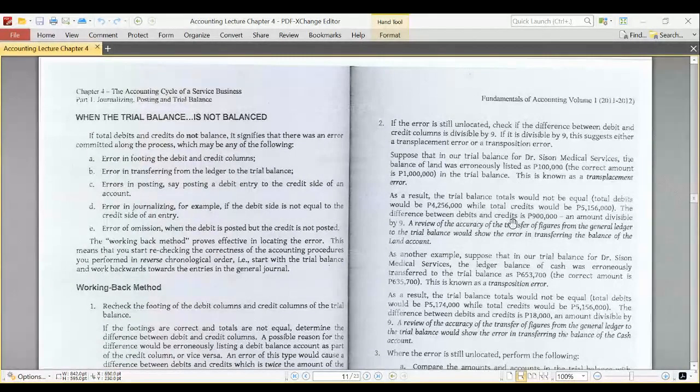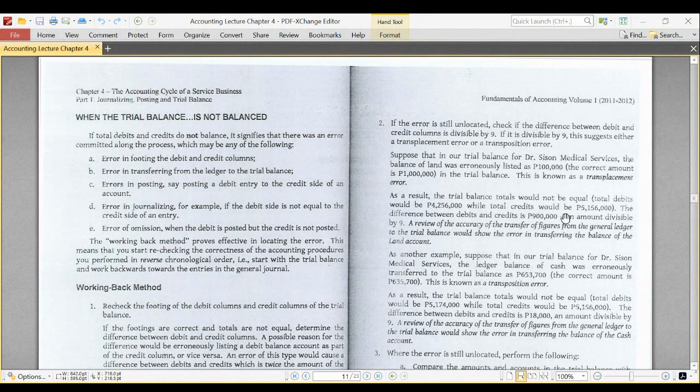Kaya nung tinotal yung debit at credit, debit is 4.256 million, and then the credit is 5.156 million. And the difference is 900,000. And this is divisible by 9.